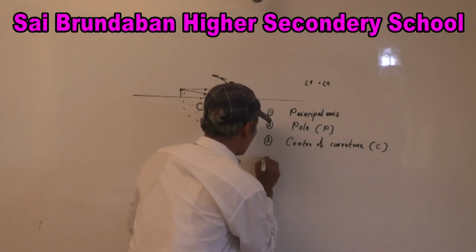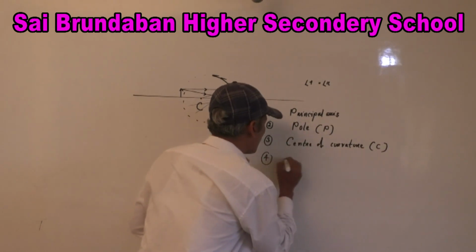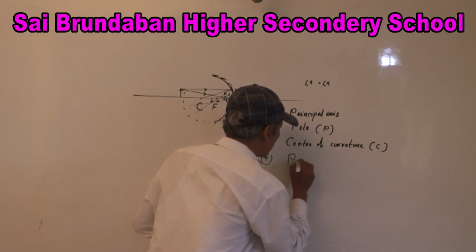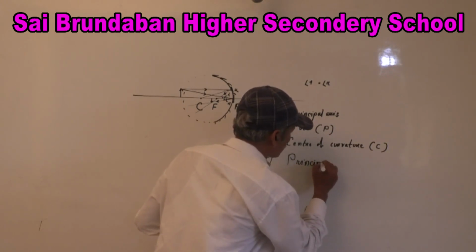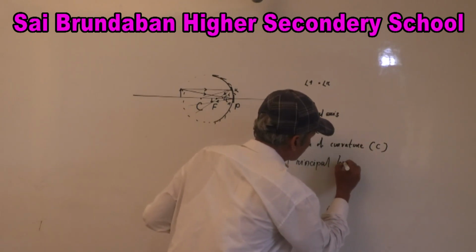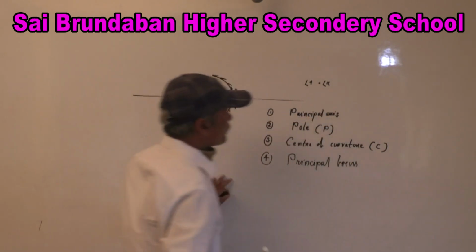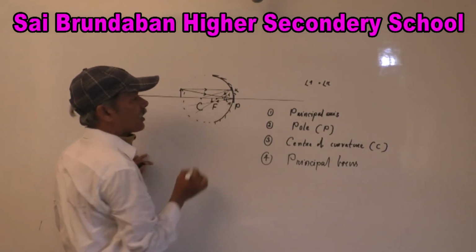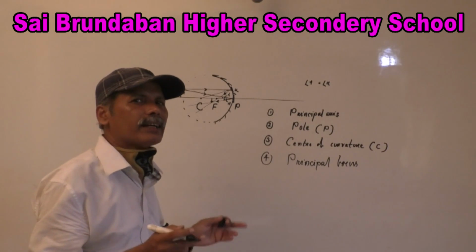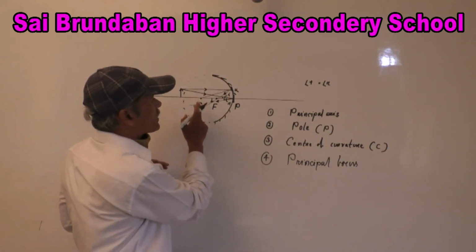Four, principal focus. Principal focus is the point in between the center of curvature and the pole.